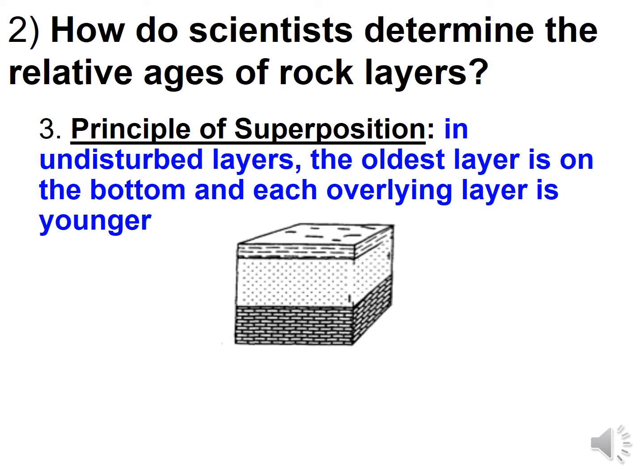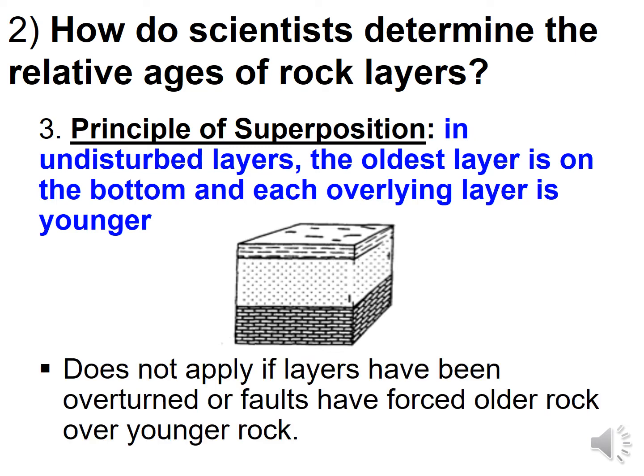The book that you put on the bottom has been there longer than the book that you put on top. The same idea applies to rock layers. Now, if there's been some plate tectonic activity that has forced things to not be parallel, this rule may not necessarily apply, which we will talk about later on.